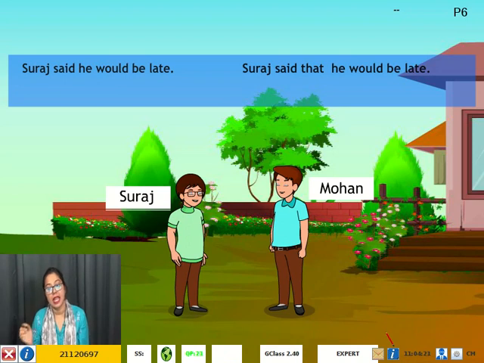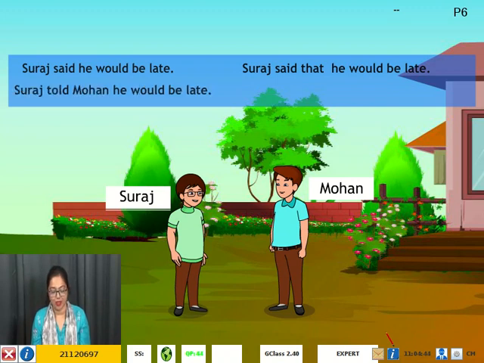Suraj said that he would be late. Both sentences are in indirect speech, but in the second sentence, on the right hand side, they are using the word that as a connector. What did Suraj say? Suraj said that he would be late. Okay. Very good. Now see another sentence that is coming up on your screen.